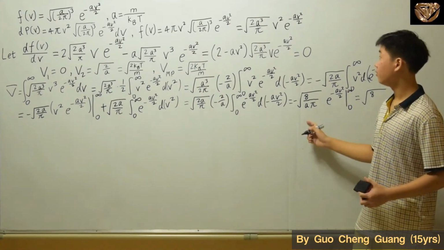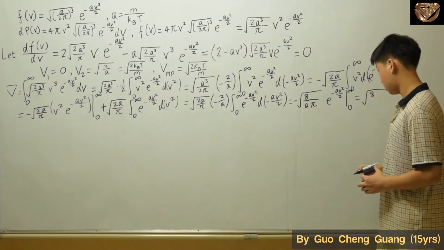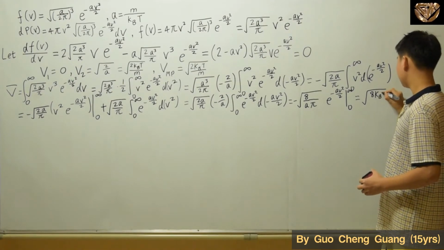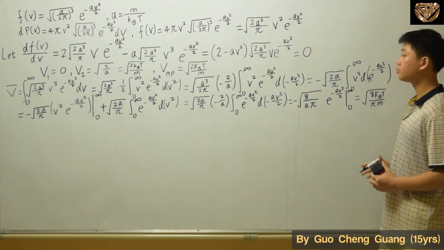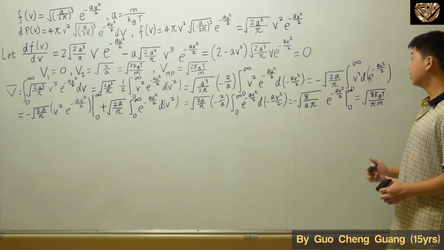But again, a, you could change it back into m over Boltzmann constant times t, which will give 8 kbt over pi m. And this is your average speed.